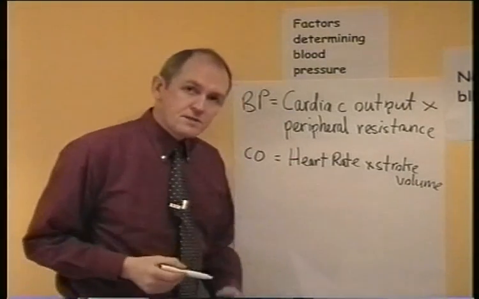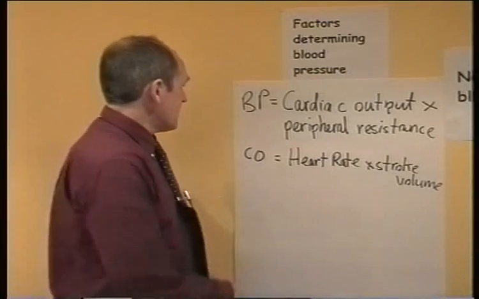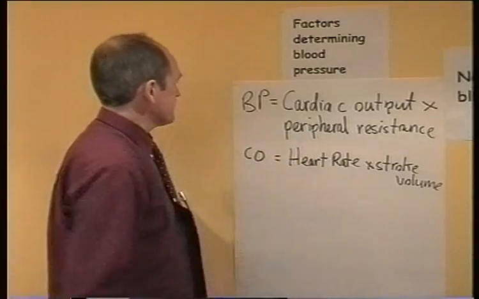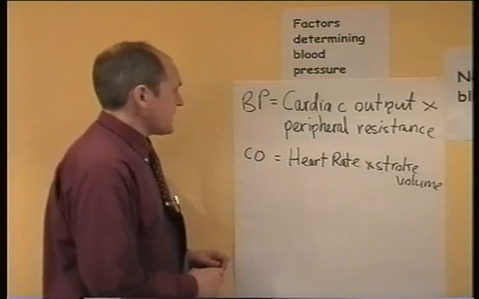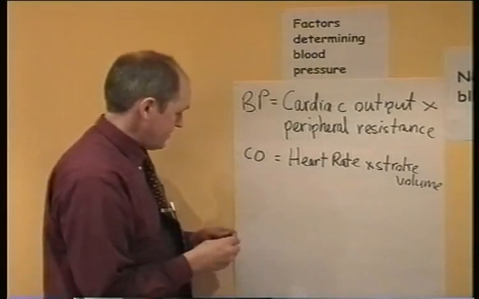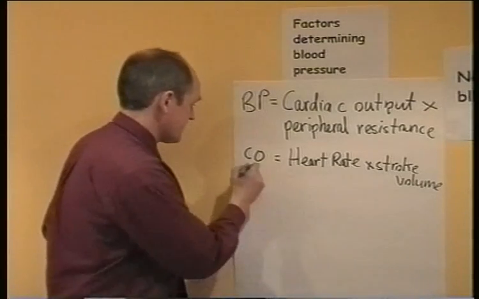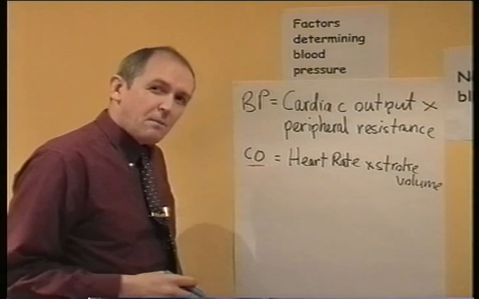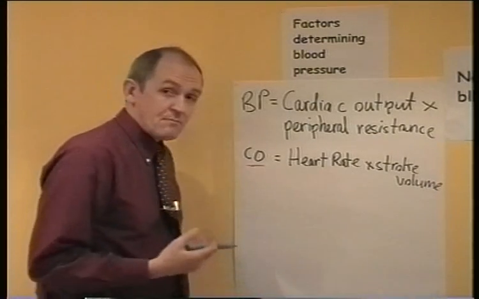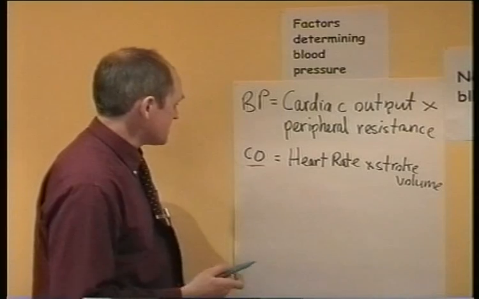Now let's think about what these terms mean. Blood pressure equals cardiac output times peripheral resistance. So let's start with the cardiac output. Cardiac output is actually a volume of blood pumped out by the heart per minute, pumped out by the left ventricle per minute in this case.